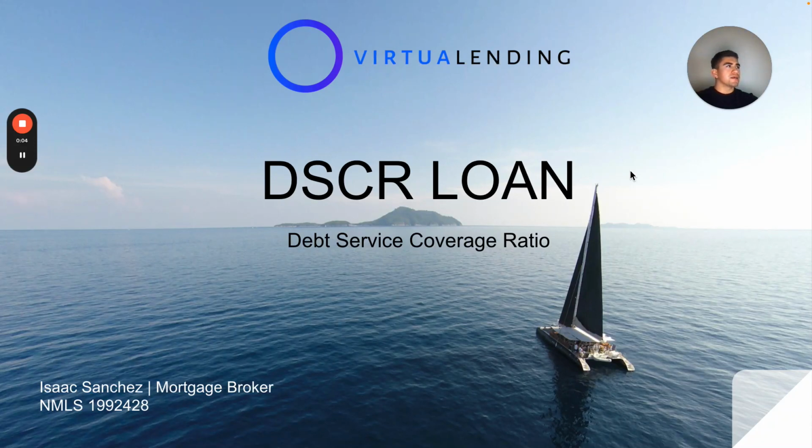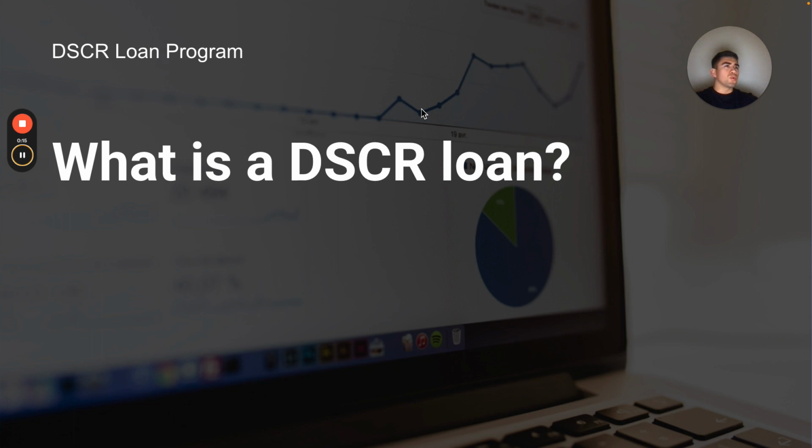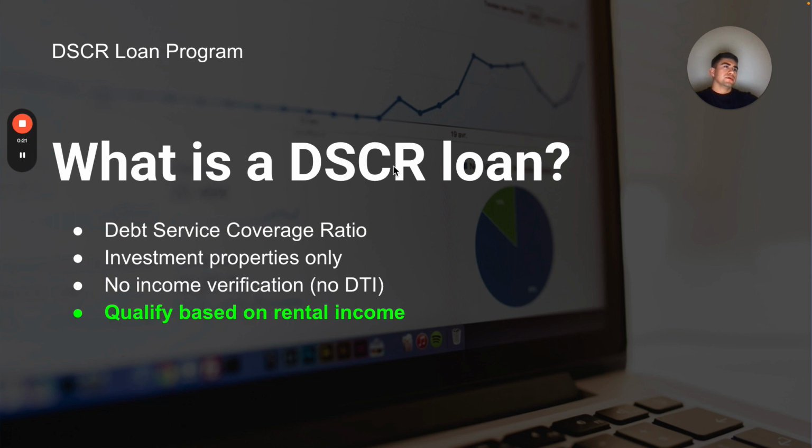We're going to go ahead and discuss the DSCR loan program. The DSCR loan program stands for a debt service coverage ratio loan. So what is a DSCR loan, you may be asking? The DSCR loan is specific for investment properties only.